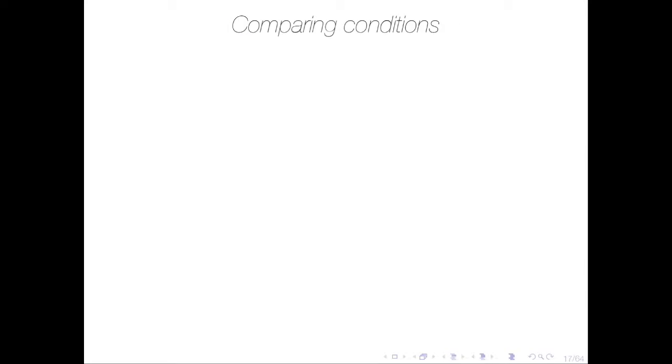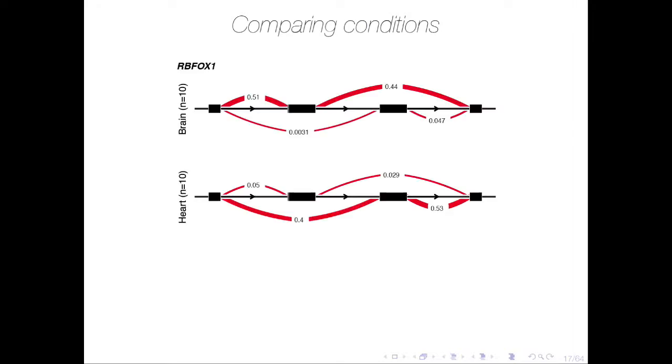The first thing we wanted to use these quantifications to do was to look for differences in splicing between different conditions, or in particular, in this example, between different tissues. So here I'm showing RNA sequencing data from brain and heart samples for an important gene called RBFOX1.